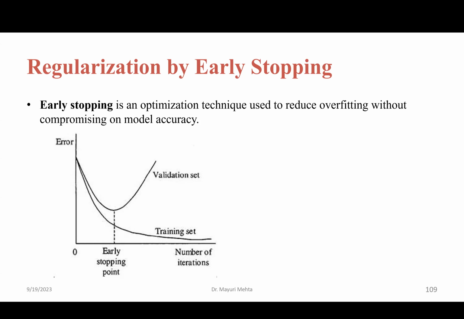The ratio may be 80 percent training set and 20 percent testing set, or it may be 90 to 10, or 70 to 30, like 70 percent data used as training data and the rest 30 percent used as testing data. So the data set is usually divided into two parts, training set and testing set.